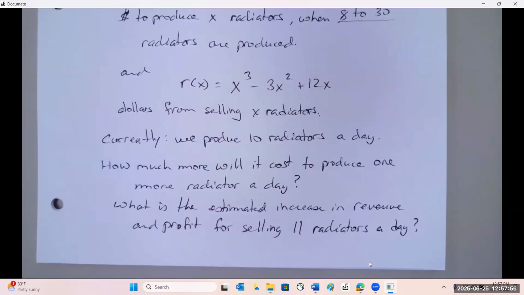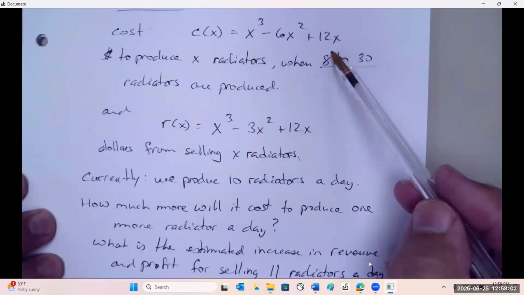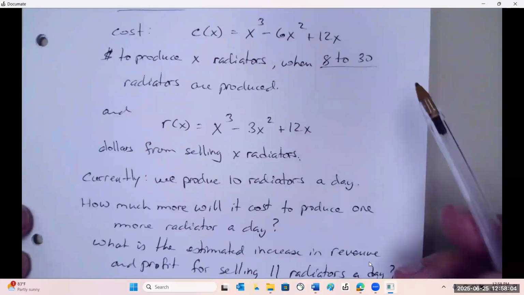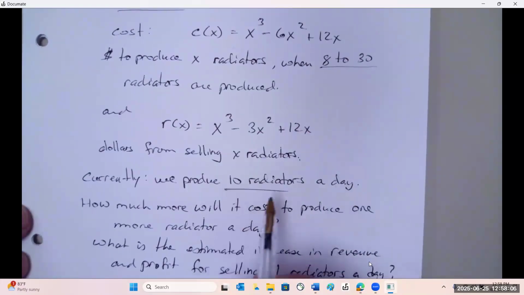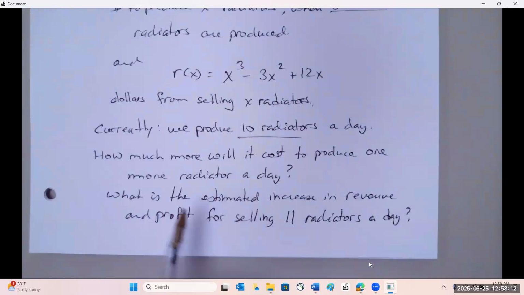Okay. So what do we have to find? What are we looking for? We have the cost function. We have the revenue function. We know we currently produce 10 radiators a day. How much will it cost to increase the production to 11 radiators, one more extra?